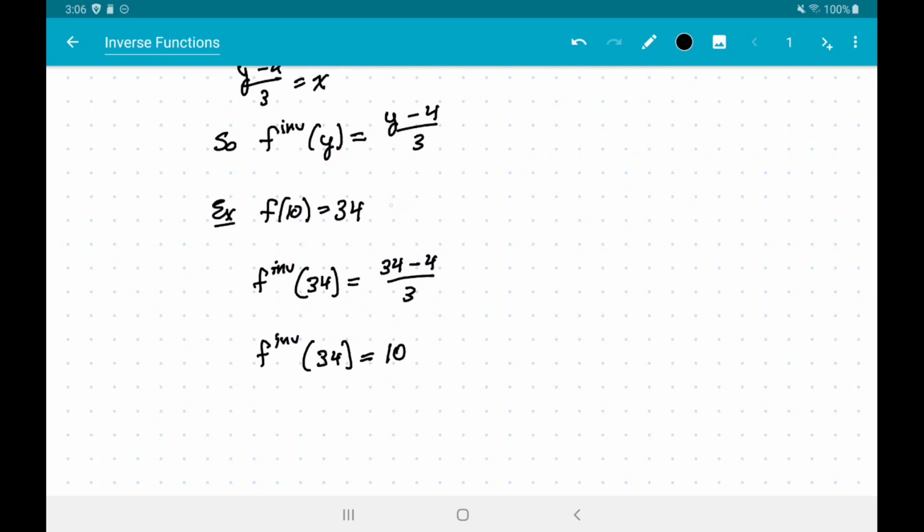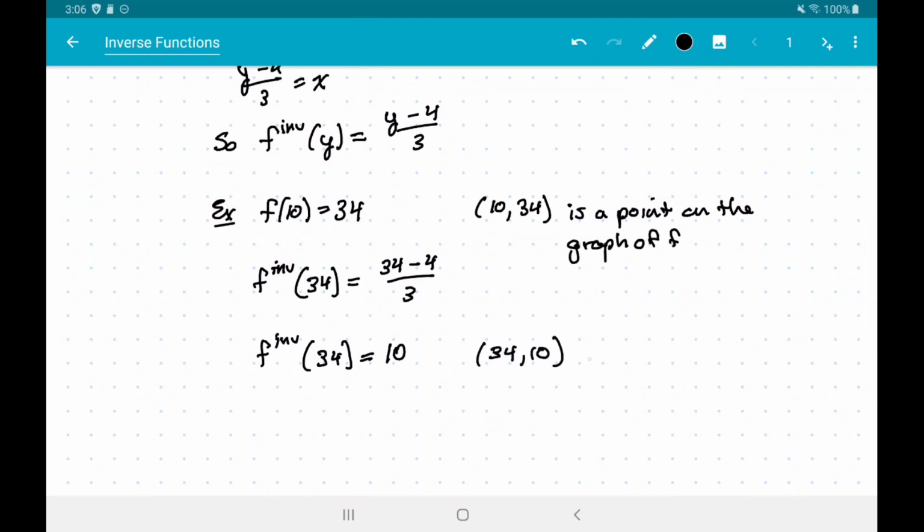So you can see that 10, 34 is a point on the graph of f. And from this equation, 34, 10 is a point on the graph of f inverse.